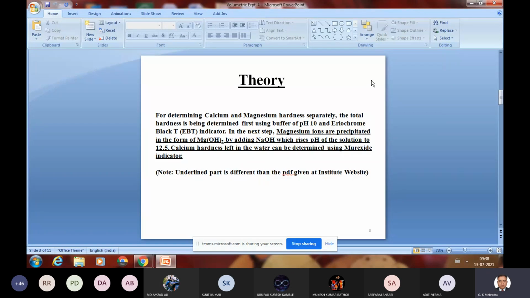So hardness itself has been standardized for water.